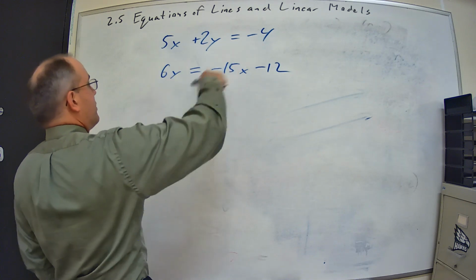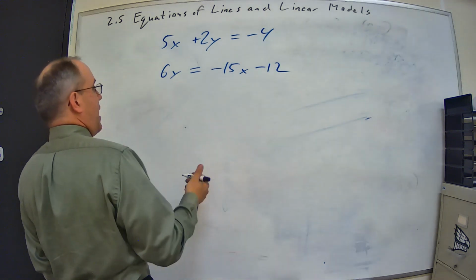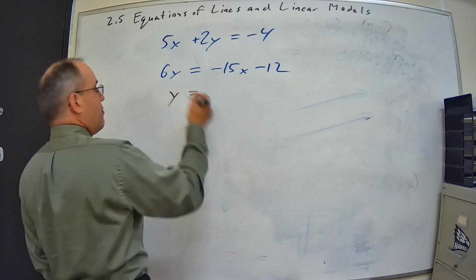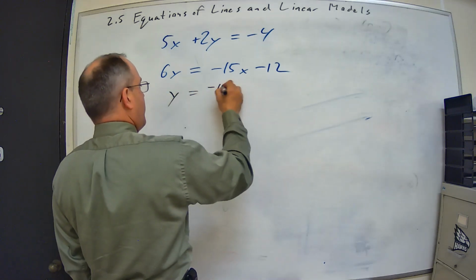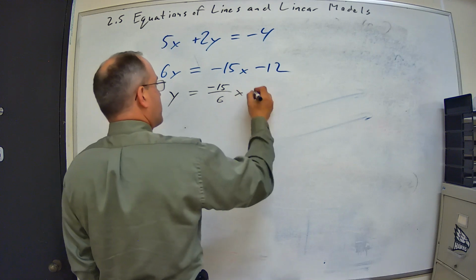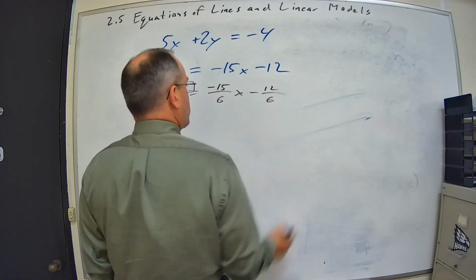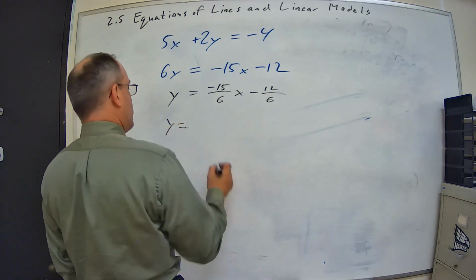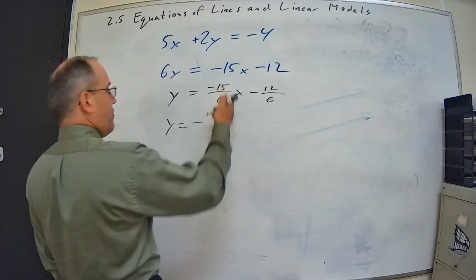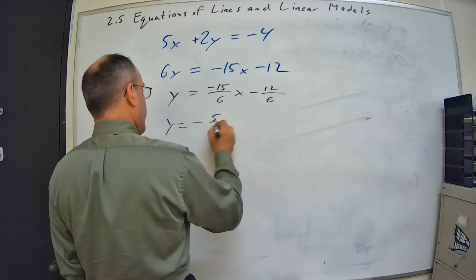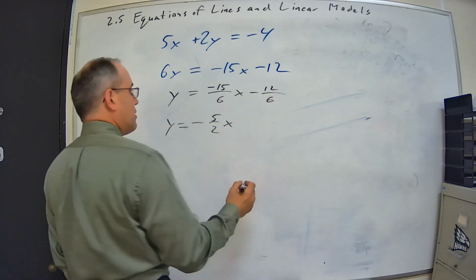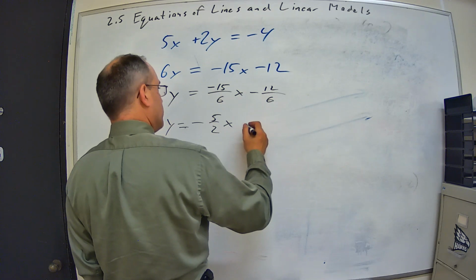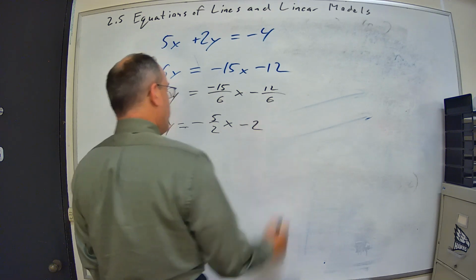I'll start with this bottom one first because it happens to be pretty close. So y is equal to, I'm just going to divide by 6, negative 15 over 6 x minus 12 over 6. So y is equal to negative, if I divide by 3, 5 halves x, minus 2.